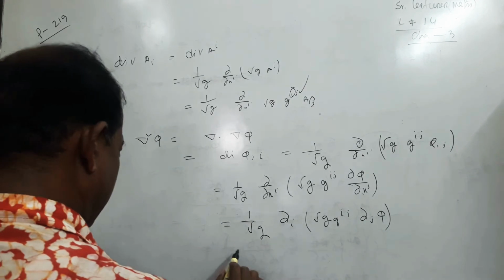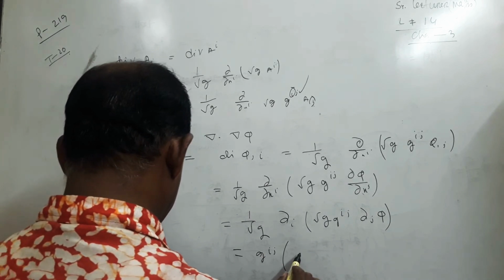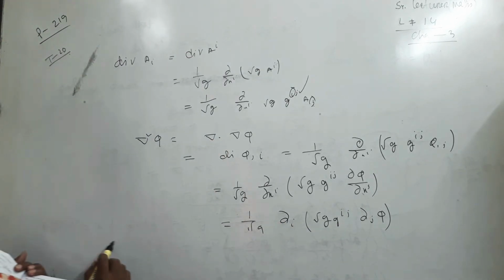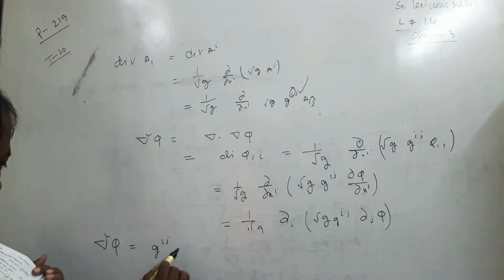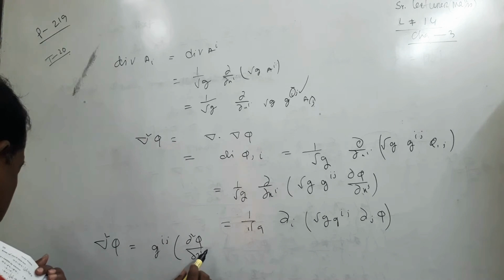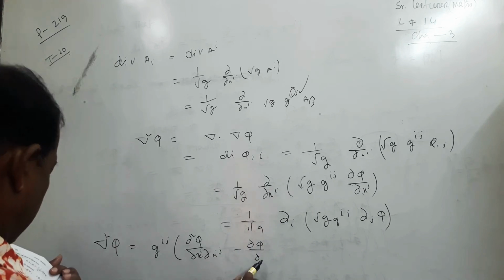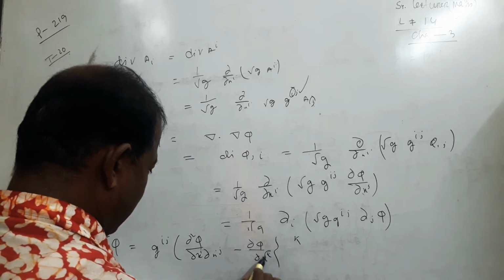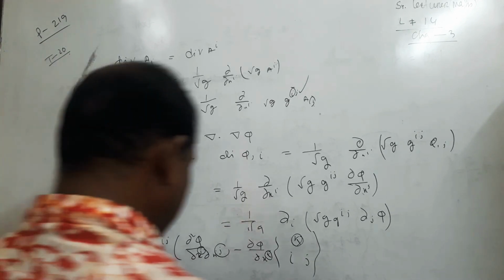Clear? That's equal to g^{ij} del square phi divided by del x^i and del x^j, minus del phi by del x^k Γ^k_{ij}.